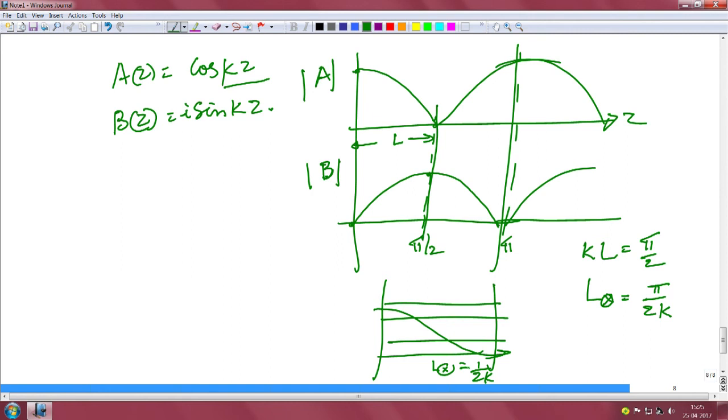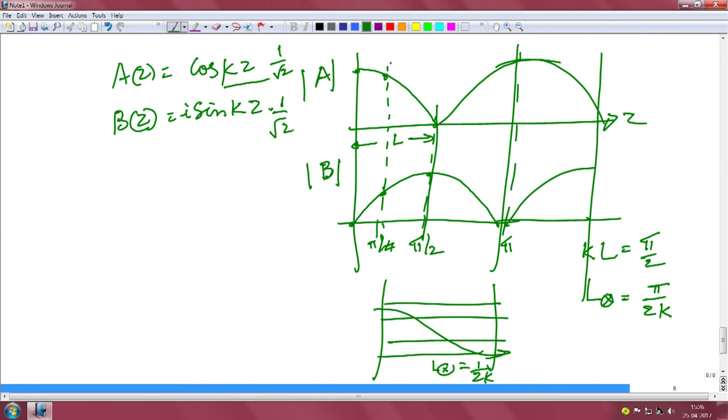Now, of course, you can observe many other things. For example, it restores to the original situation after length L equal to pi, and once again at L equals 3 pi by 2 you have a crossover state, and so on and so forth. There are several interesting features. For example, if you choose the coupling length to be half of this, pi by 4, then at this point cos kz is 1 by root 2 and sin kz is also 1 by root 2.